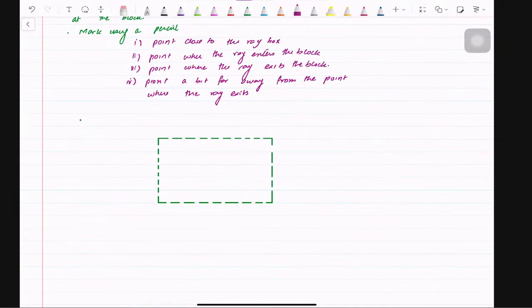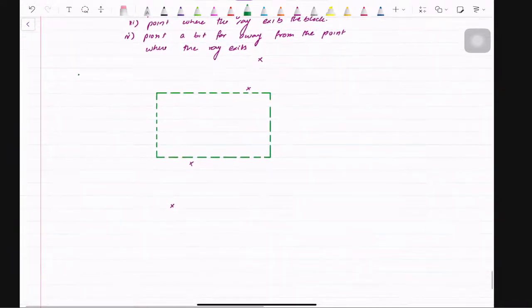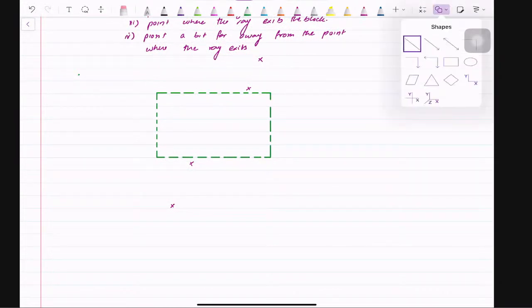And also you got points made like this. Okay, now what you're going to do is take the ruler and a pencil and connect these points like this.